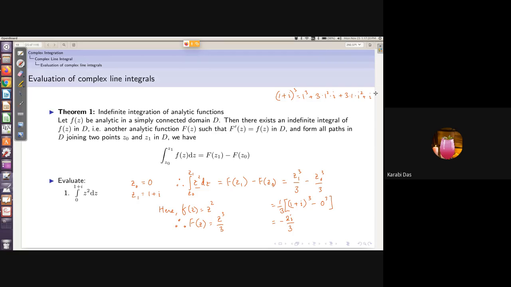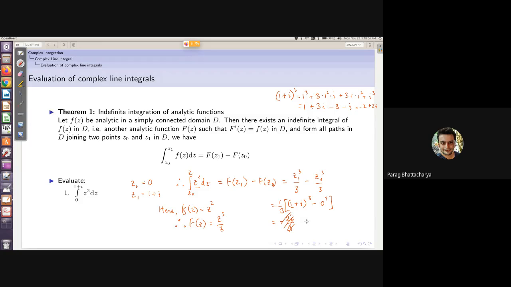So we will get 1, then 3i, then i square gives us minus 1, so minus 3, then this i cube is minus i. 1 minus 3 will give us minus 2, plus 3i minus i gives plus 2i. Yes, yes, this is not correct.